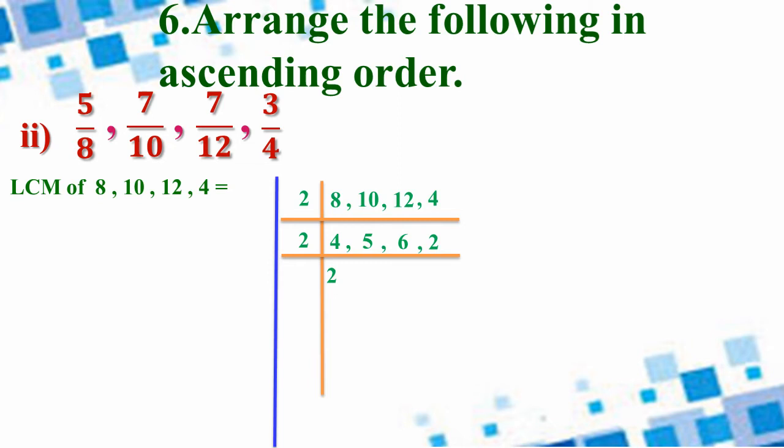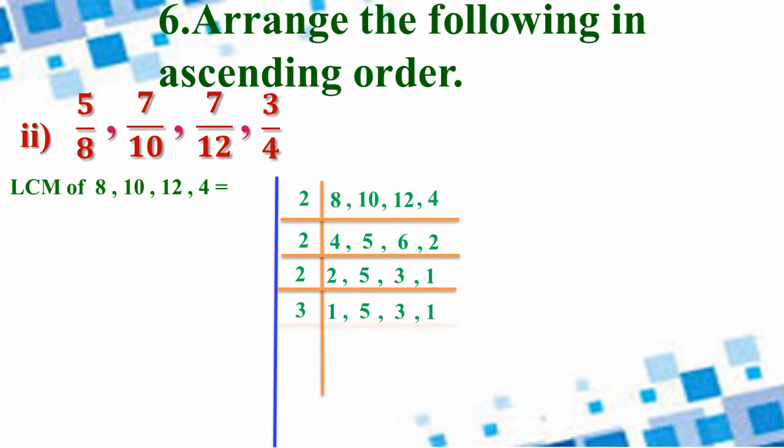Next, 5 is not divisible by 2, so carry forward, and 3 2s are 6, 1 2s are 2. The next divisor is 2. Here 1 2s are 2. 5 and 3 are not divisible by 2, so carry forward 5 and 3.